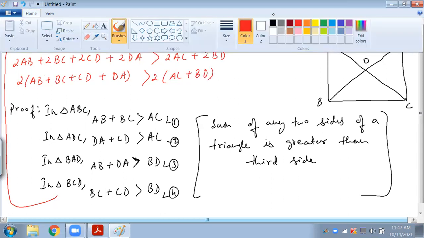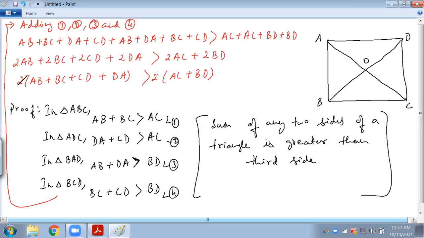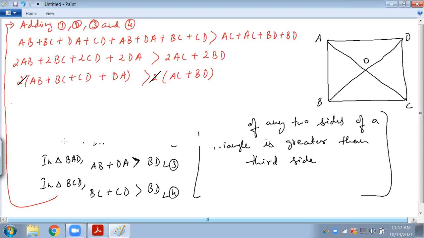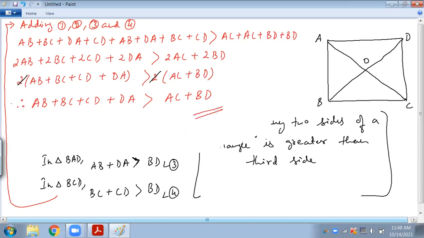After taking common, we can cut 2. So what is left? AB plus BC plus CD plus DA greater than AC plus BD, and that is what you have to prove in 1.